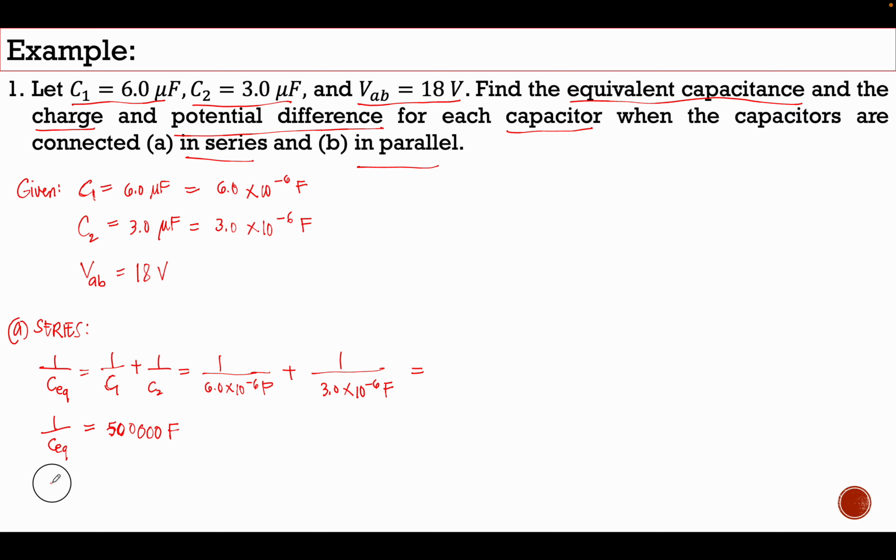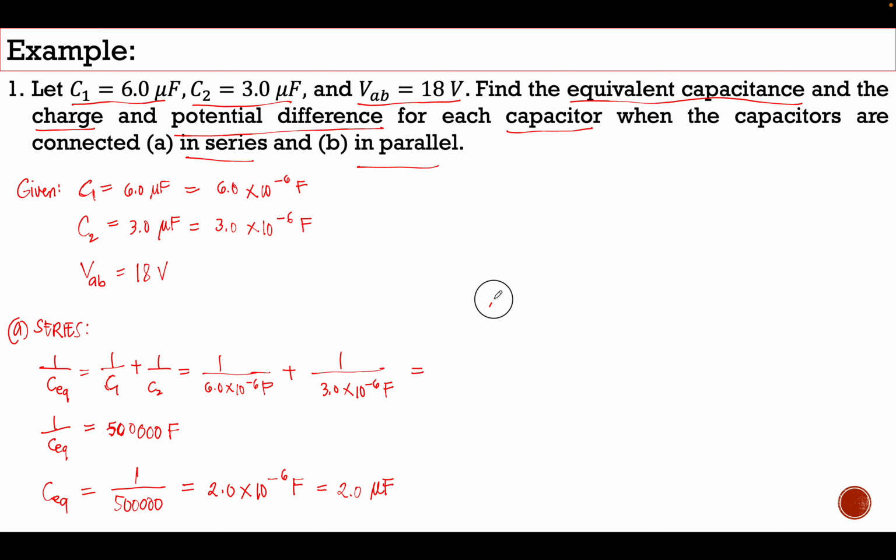To get the equivalent capacitance, we need to get the reciprocal of 500,000, which is 1 over 500,000. So 1 divided by 500,000 is equal to 2 times 10 to the power of negative 6 farad, or we can also have it as 2 microfarad. So again, this is if our two capacitors are in series.